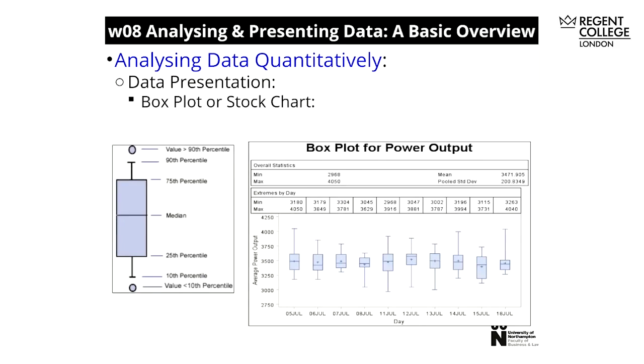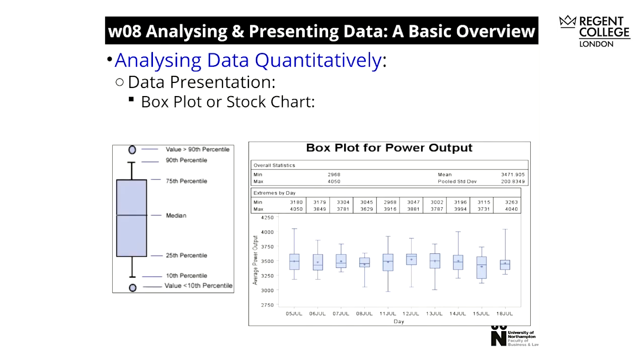Then we have a box plot or a stock chart. This one has more statistical data embedded in it. One would be the quarter, but in this case, the example is the percentile. So you can see the division, the first percentile, second, third. Or it can be quarters, giving you some information about the division of the time that the data has been considered.